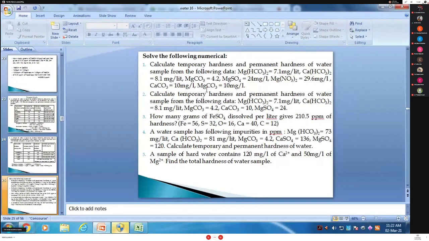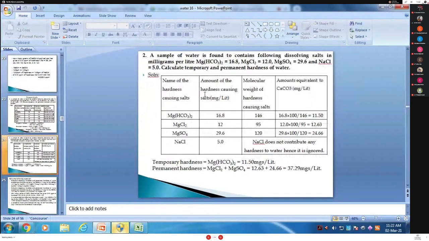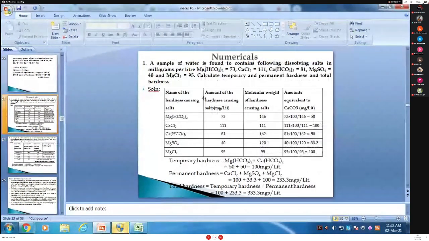Okay. Then find the temporary hardness, permanent hardness, and total hardness of sample water.